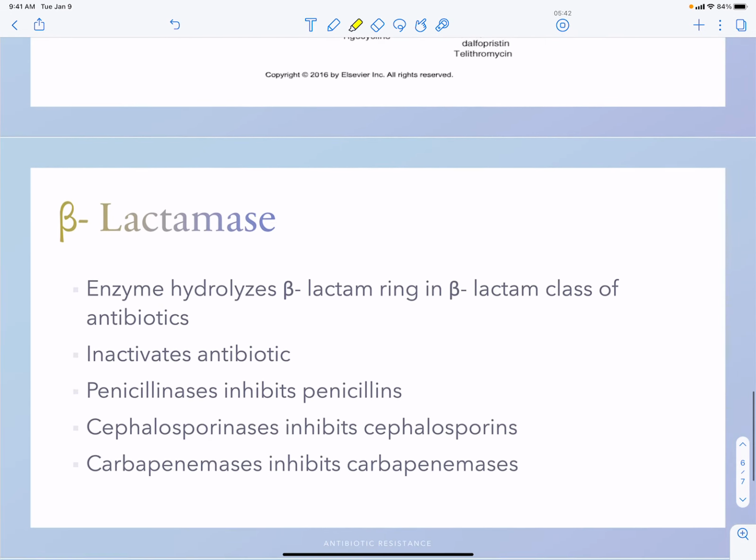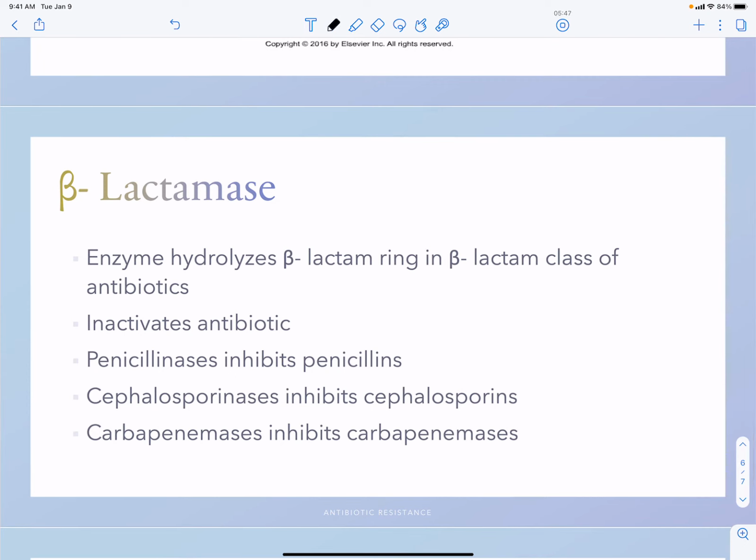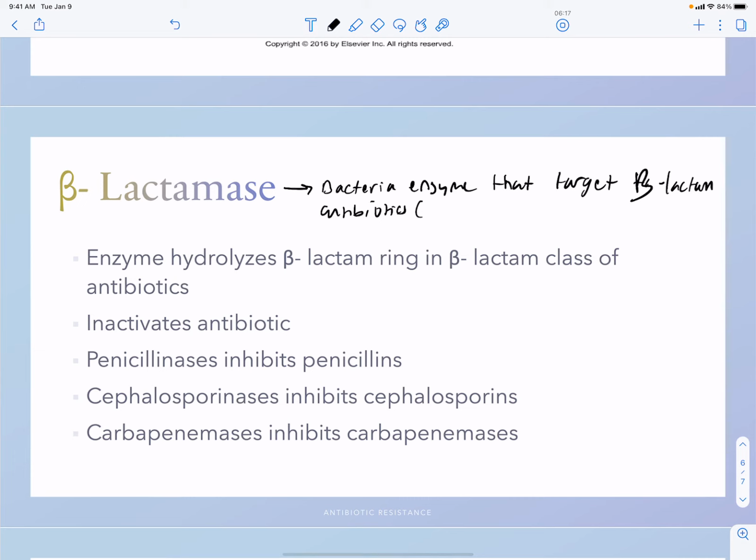Now, our big class of antibiotics are our beta-lactams. Beta-lactamase is a bacterial enzyme that targets the beta-lactam antibiotics. And these are, of course, your penicillins, plus the like. And so what you have to keep in mind about the beta-lactamases is they're going to be very specific.